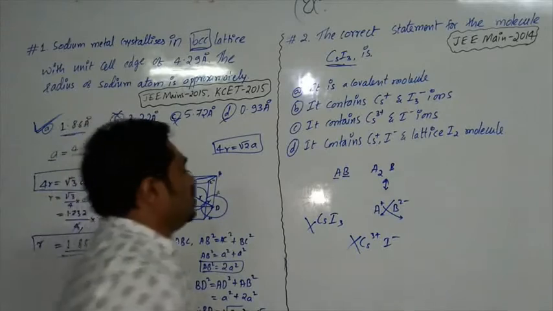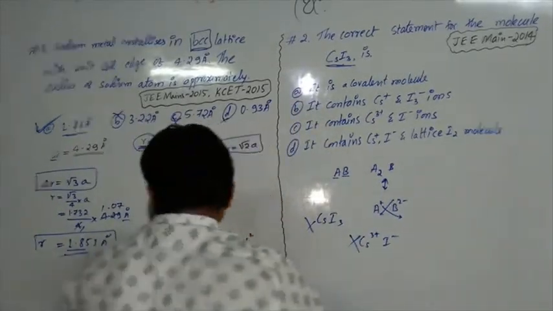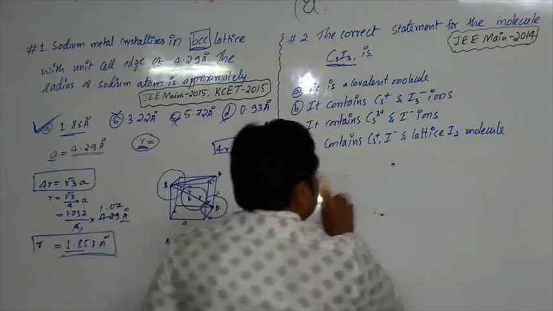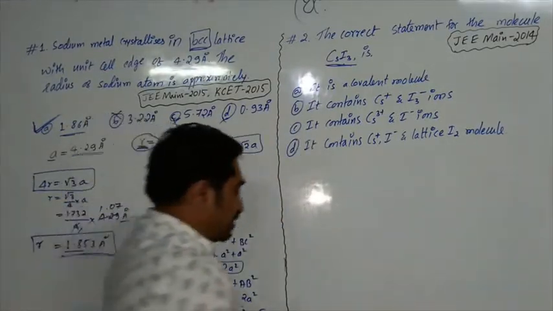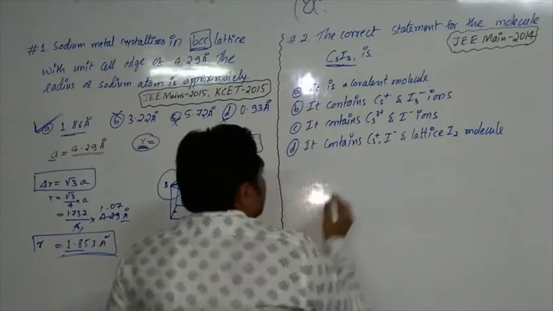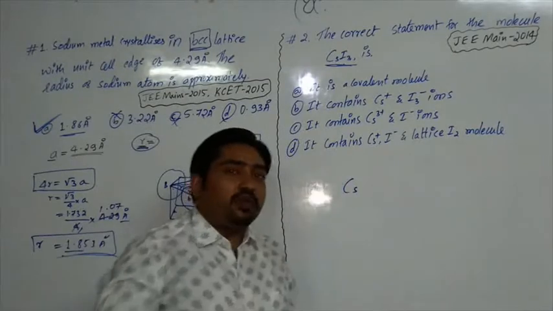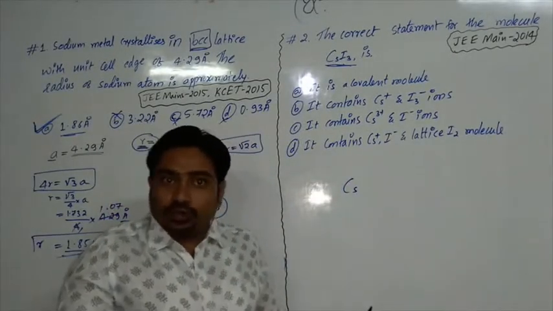Why? Because cesium iodide is definitely an ionic compound. Why is it ionic? See here, do you know cesium belongs to group 1? Cesium is a group 1 element and the size of cesium is very large. On going from top to bottom in our periodic table, the size of the atom goes on increasing.